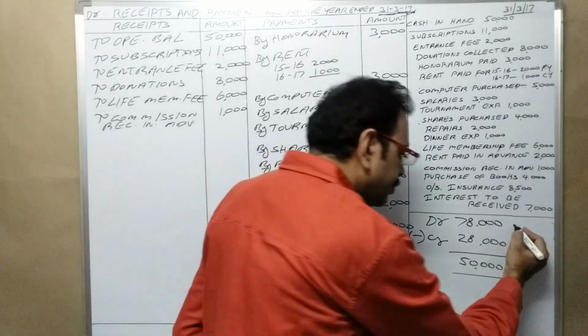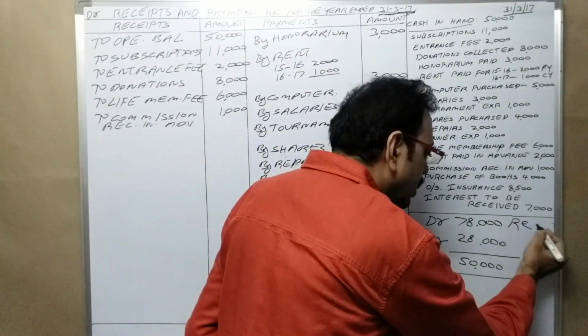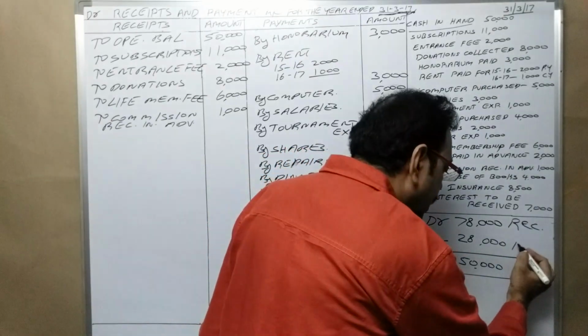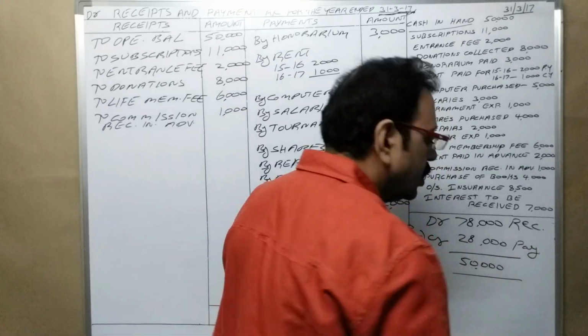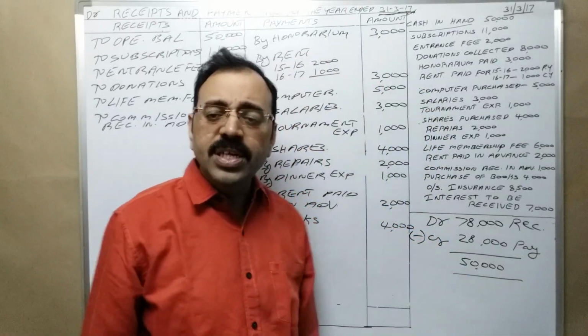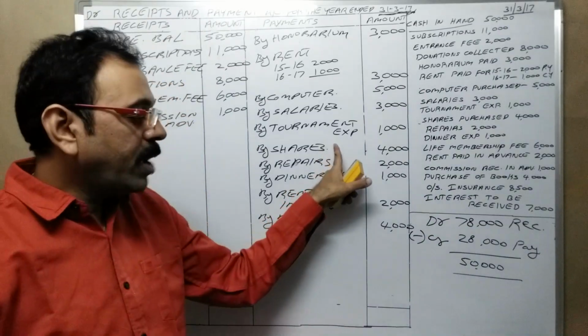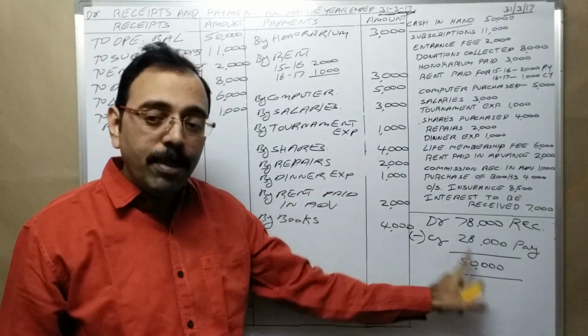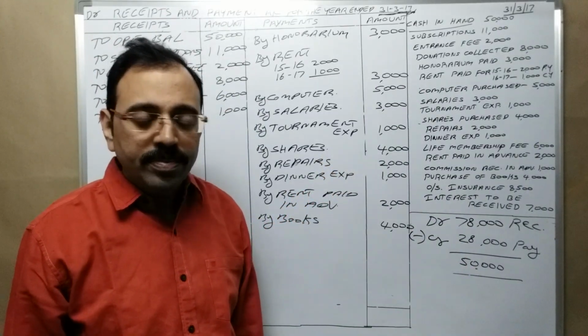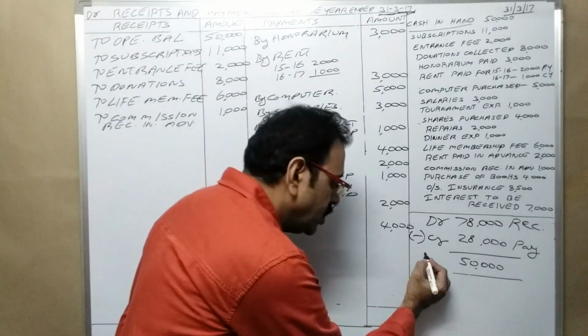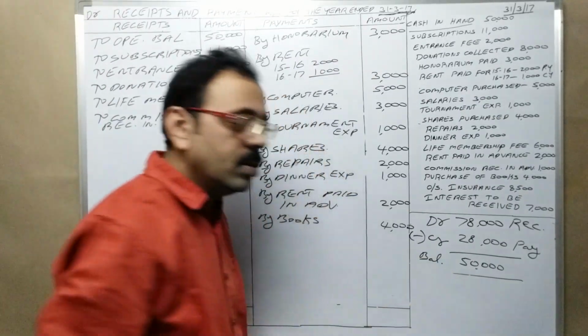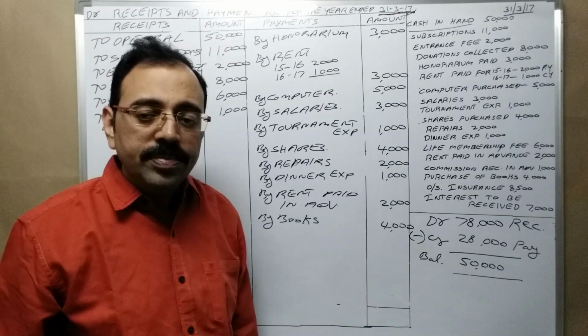On the debit side, we wrote all receipts, and on the credit side we wrote payments. Generally, receipts and payments account shows a debit balance. This 50,000 is our balancing figure, no? Which balance is this?